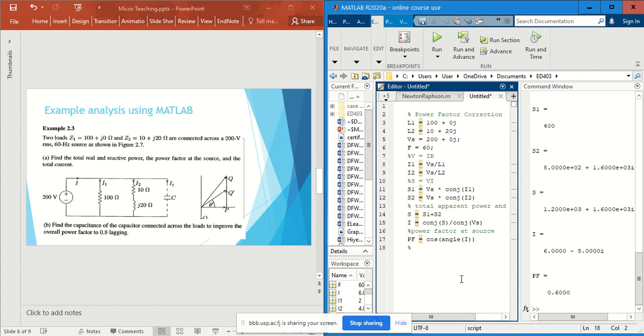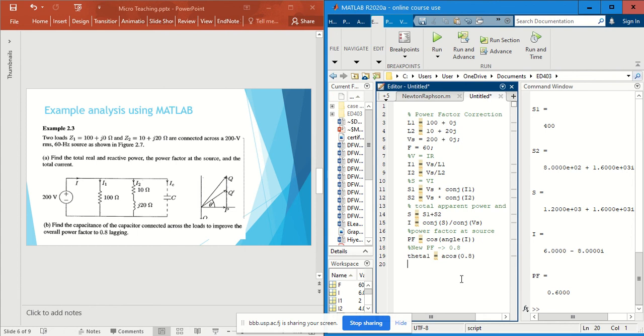So comment: new power factor. We need it to be 0.8. So we'll have a new theta. We'll say theta 1 is equal to cos inverse, which in MATLAB is acos, I hope you remember from your previous classes, of 0.8.